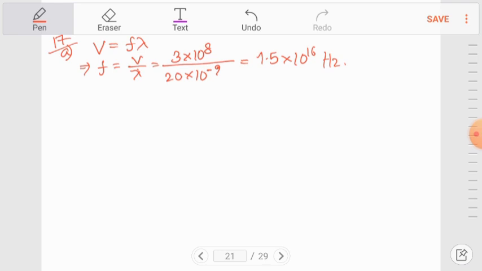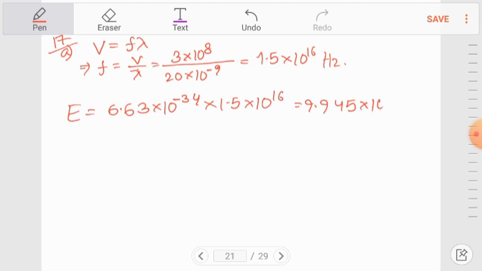And now the work function is also given. According to this frequency and Planck's constant, we can find the energy, that is 6.63 times 10 to the power negative 34 times 1.5 times 10 to the power 16. If you calculate it, you get a value of 9.945 times 10 to the power negative 18 joules.